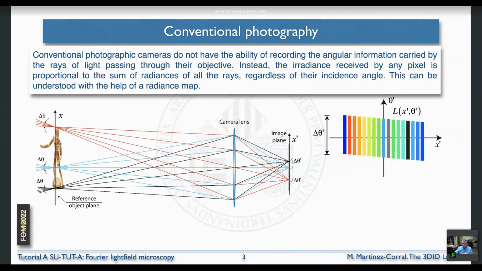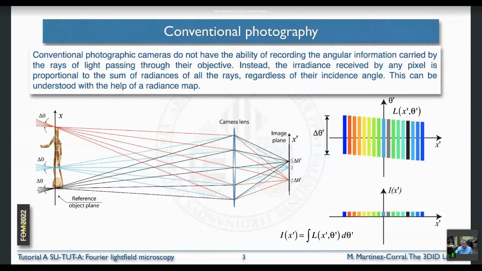So in fact, what is collected by, let's say, the blue pixel of this camera is this plenoptic information: a single spatial value and a band of angular values. But what happens is that any pixel of the camera is integrating all the rays that are incident onto it. Therefore, the photography, what we know as a 2-dimensional photography, 1-dimensional here, is the integration of the plenoptic function.